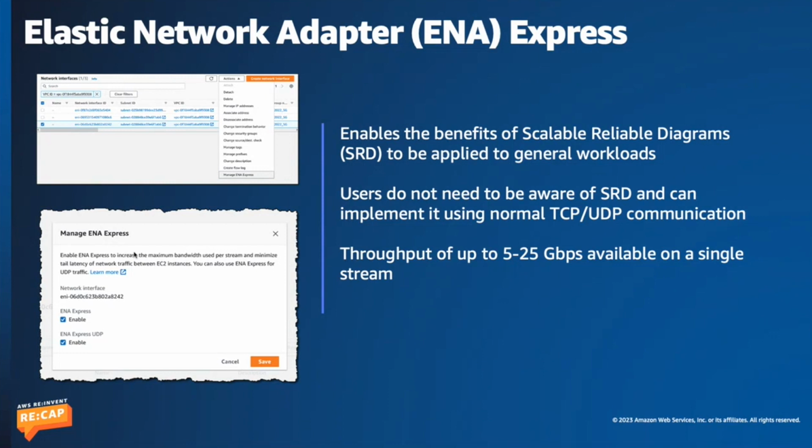Just as a reminder, SRD, which stands for Scalable Reliable Datagram, is an AWS network transport protocol which, instead of preserving packet order, sends the packets over as many network paths as possible, and at the same time avoids overloaded paths.